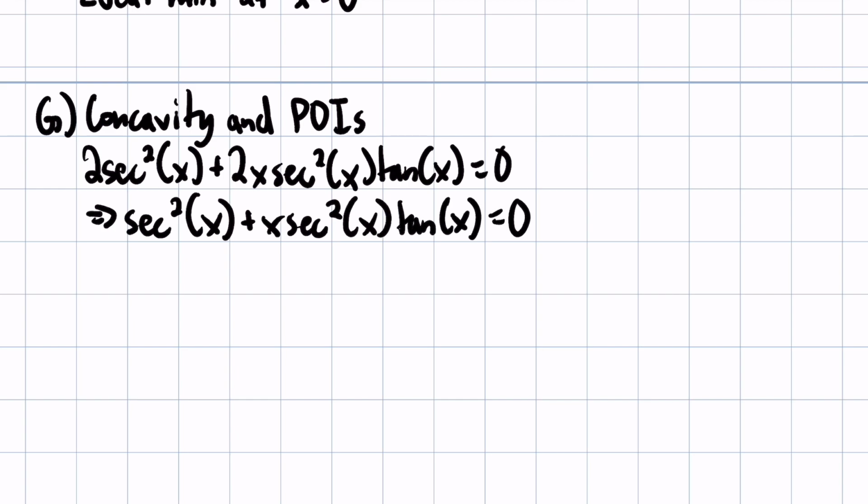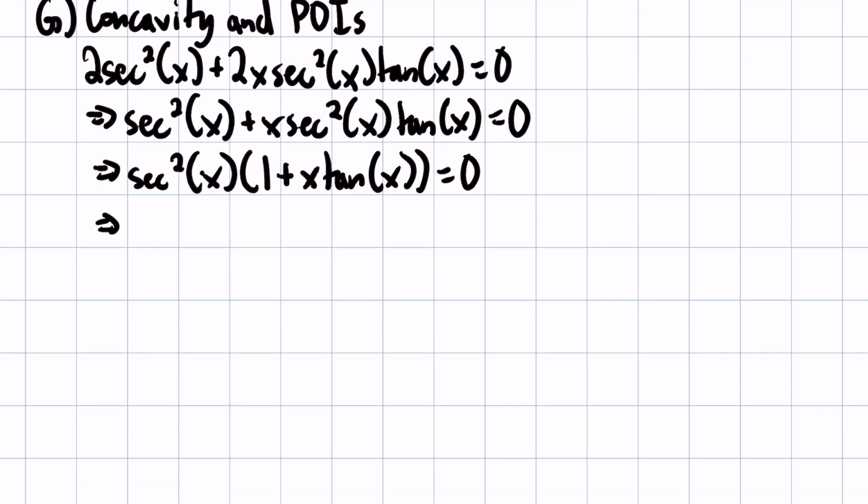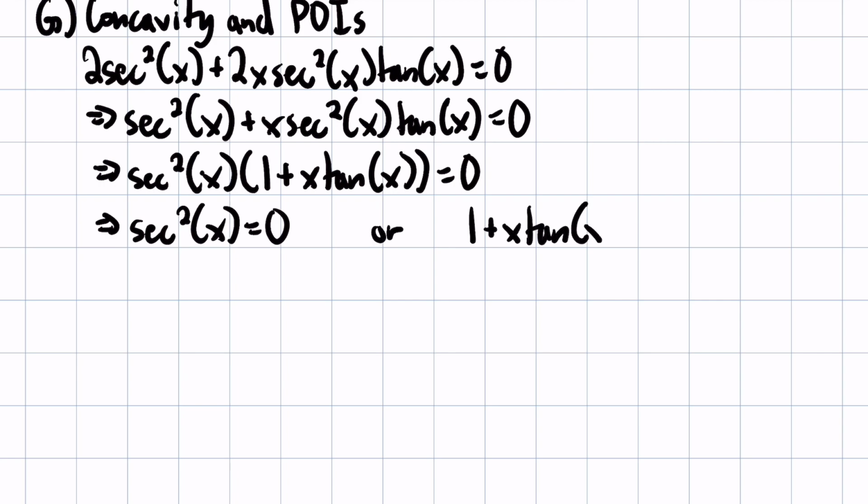And now we're going to factor out a secant squared. So we have either secant squared of x equals 0 or 1 plus x times tangent of x equals 0.